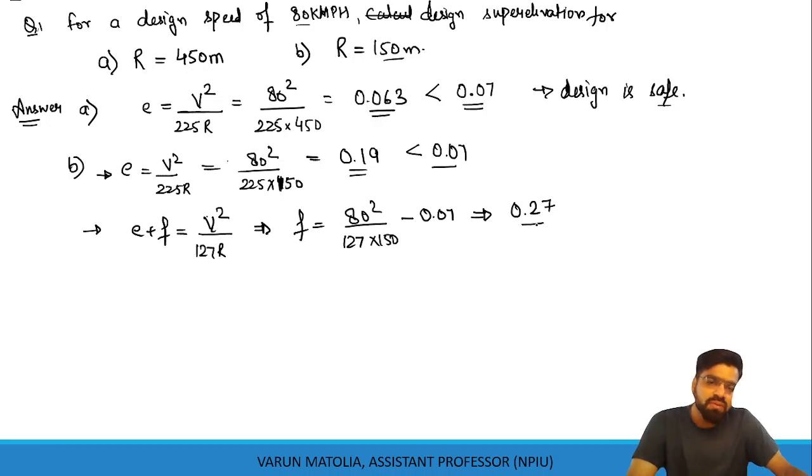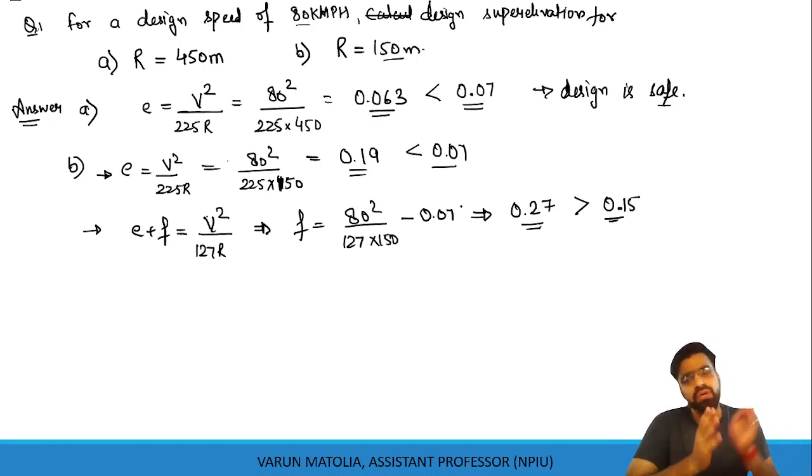So this value is way greater than the limiting value of the frictional coefficient. What should we do now? We have to limit the frictional coefficient and the super elevation at their limiting values, and we have to reduce the design speed. So let's move on to the third step. What does the third step say?